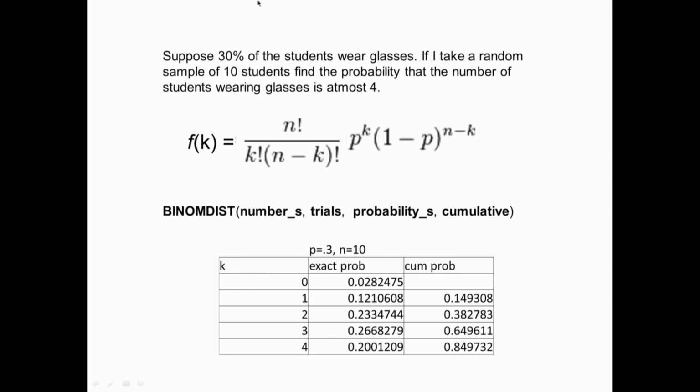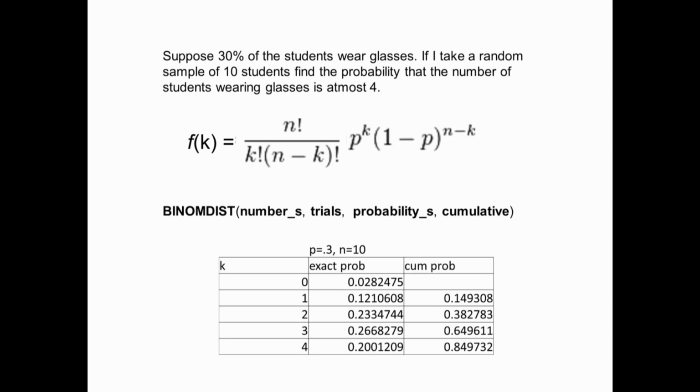So we have 30% of students, so here p is equal to 0.3 and n is equal to 10, and then you want to look at the various conditions of 1, 2, 3, 4 students wearing glasses, okay.